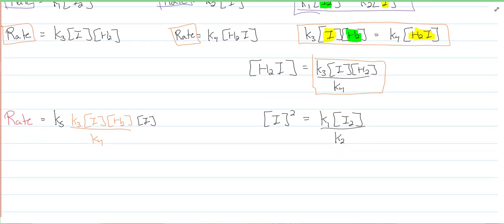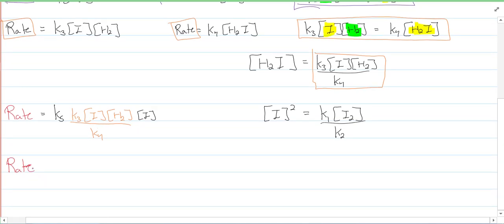I squared. So let's rewrite this. Rate will be equal to K5 times K3 times concentration of H2 times concentration of I squared, all over K4. So now I can substitute in purple here for I2.